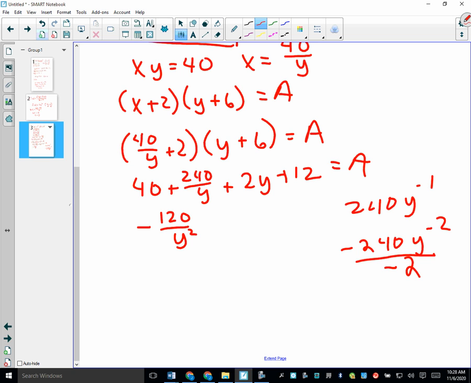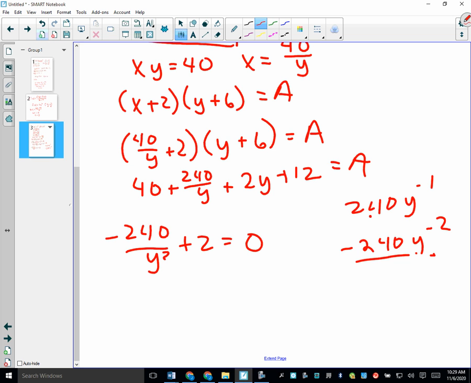How do I take a derivative? You bring the exponent down front and subtract 1 from it. So negative 240 over y squared plus 2 equals 0.